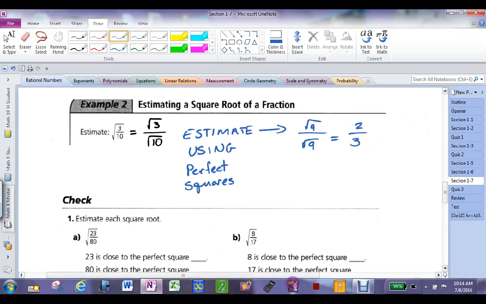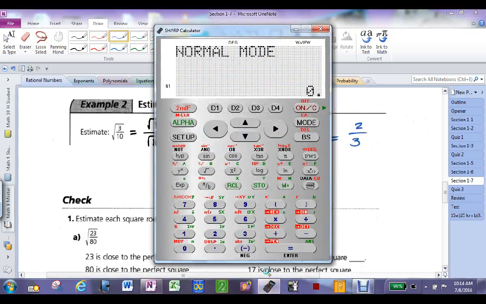Let's check. What happens if I take the square root of 3 tenths? That's the square root of the fraction, yes? I get 0.54. Everyone cool? Everyone agree?